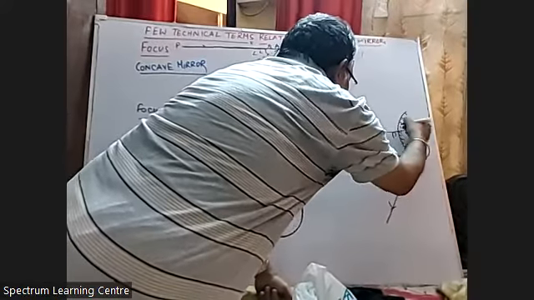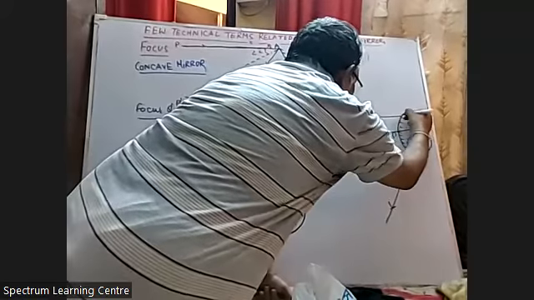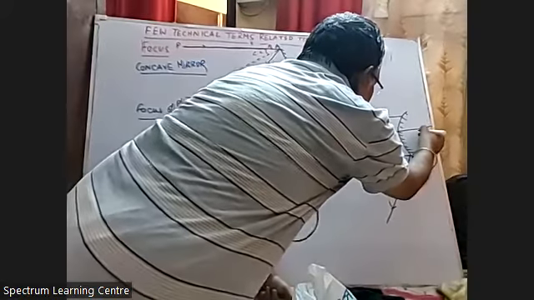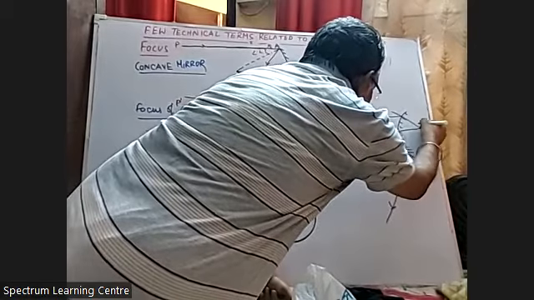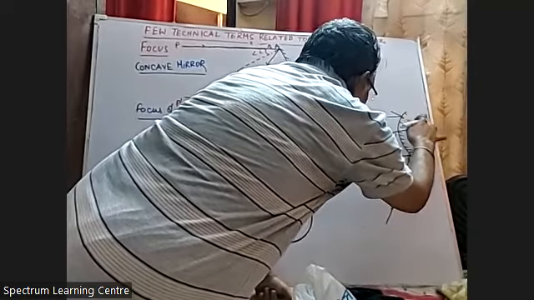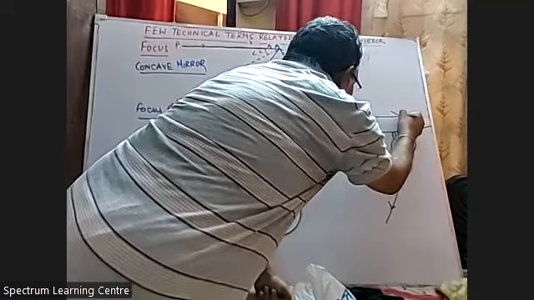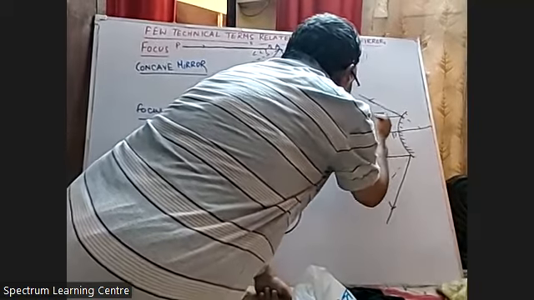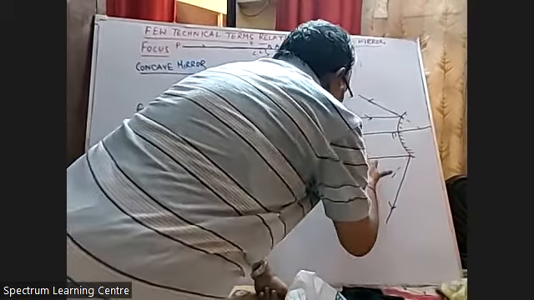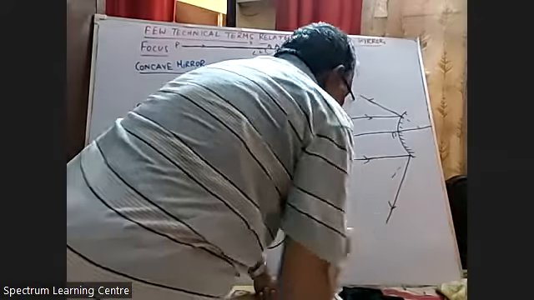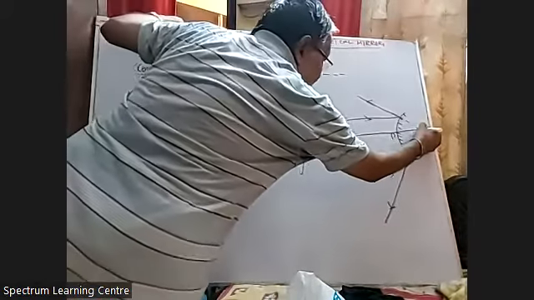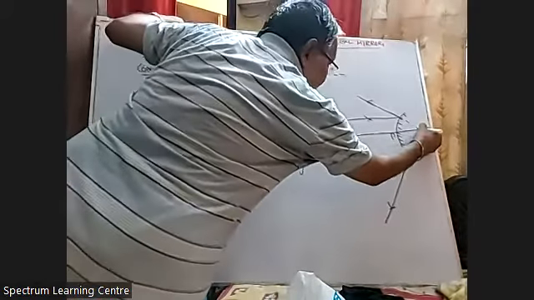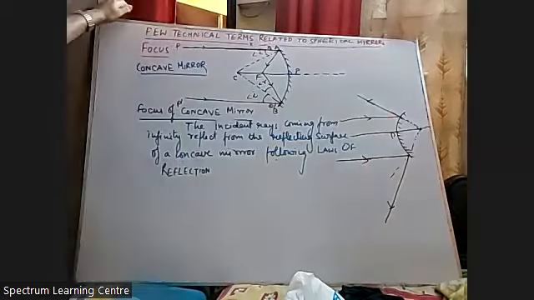If another ray is coming like this, it will get diverged. This will go like this. So it appears to get diverged from this point.